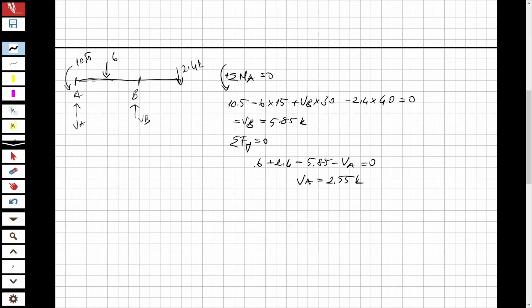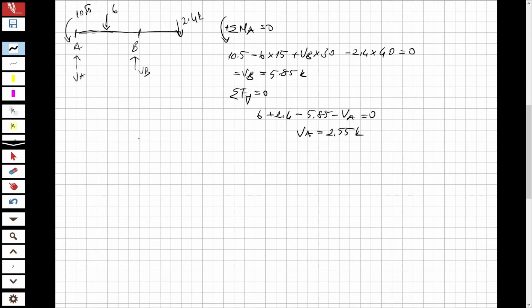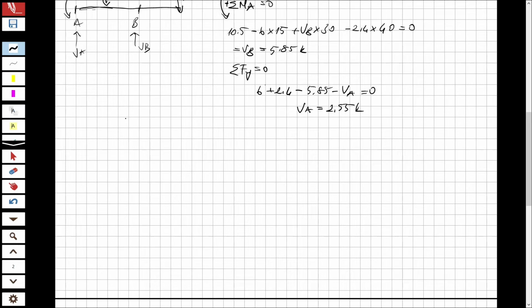Sorry. And now let's draw the shear diagram and the moment diagram. What I told you in the previous videos, if you first draw the shear diagram, it's going to be easier to obtain the moment diagram. So, for example, this is B, and this is A, okay, and this is our force.